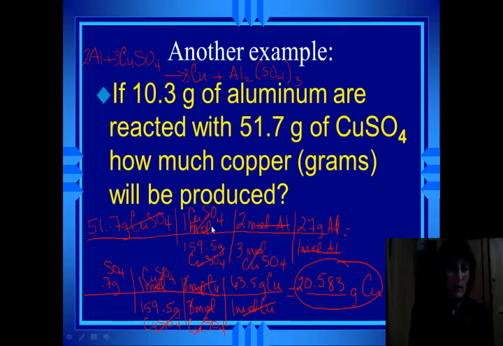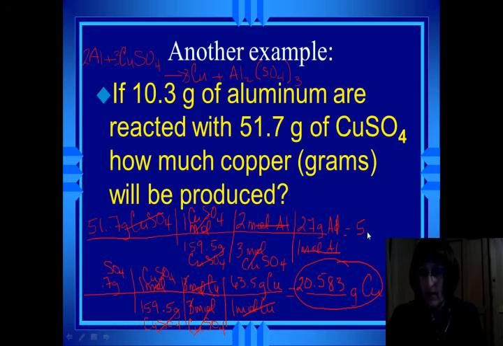So we've got 51.7 times 2 times 27 divided by 159.5 times 3. Are you using parentheses? And I got 5.834 grams of aluminum.